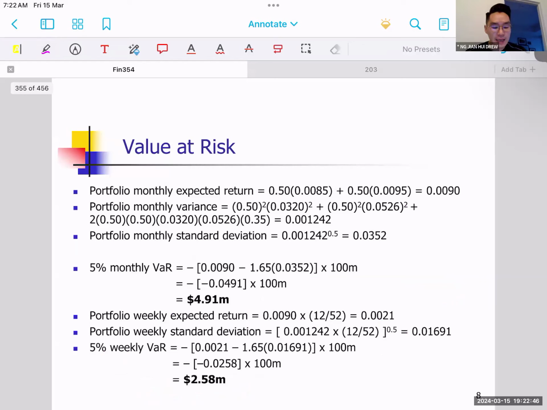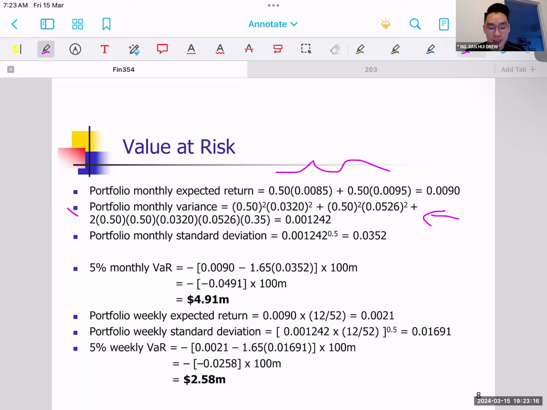In this case, given that we are considering a portfolio, we first consider the expected return of the portfolio, given at 50% each for each asset, as you can see here. Then we consider the monthly variance. I will not go through this because this is the variance formula from lecture 2 or FIN 203.